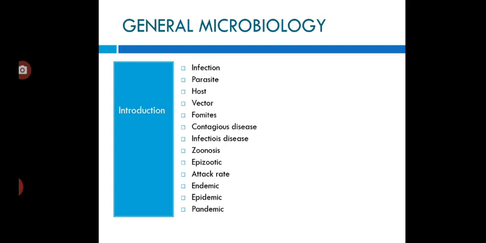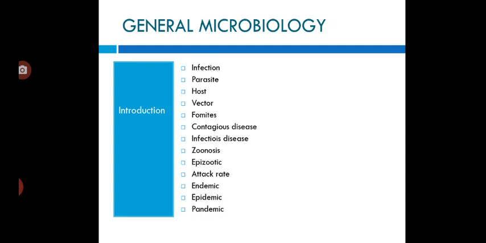Next is fomites: any inanimate object that, when contaminated with or exposed to an infectious agent such as pathogenic bacteria, viruses or fungi, can transfer disease to a new host. Examples are clothes, utensils and furniture.